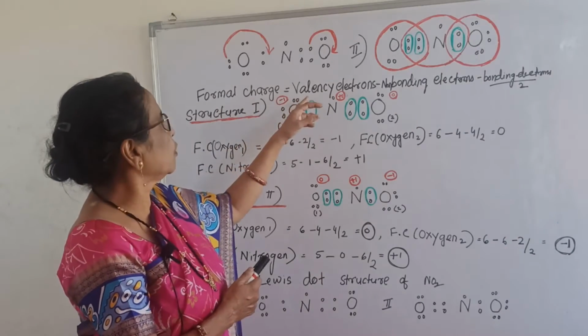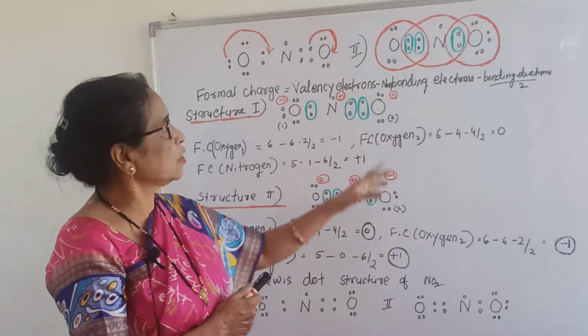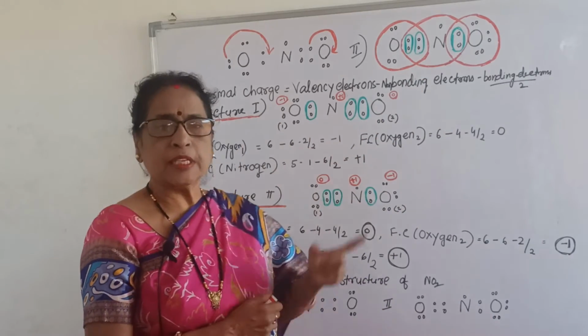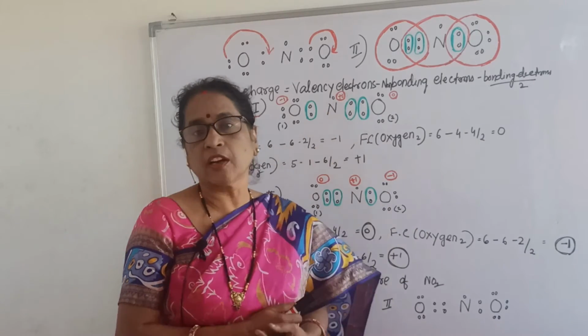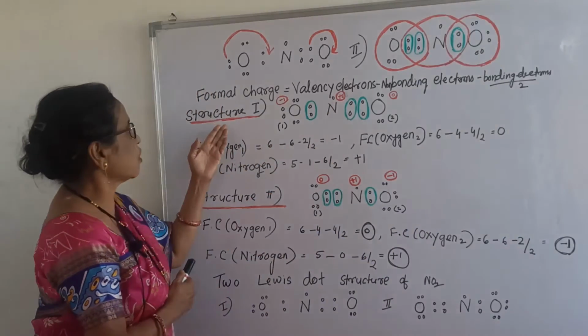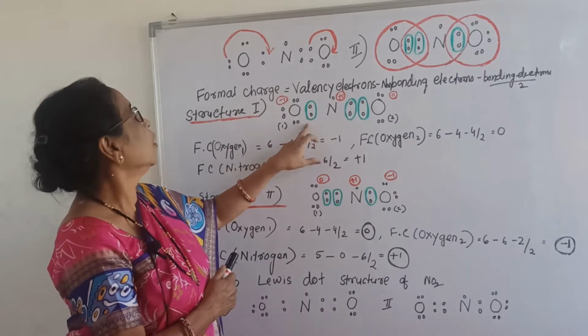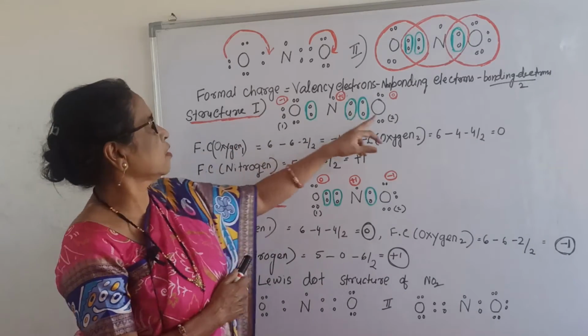Formal charge equals valence electrons minus non-bonding electrons minus bonding electrons divided by 2. Again, formal charge means valence electrons minus non-bonding electrons minus bonding electrons by 2. Let us take structure 1. Suppose you want to calculate for oxygen 1. This is oxygen 1, this is oxygen 2.